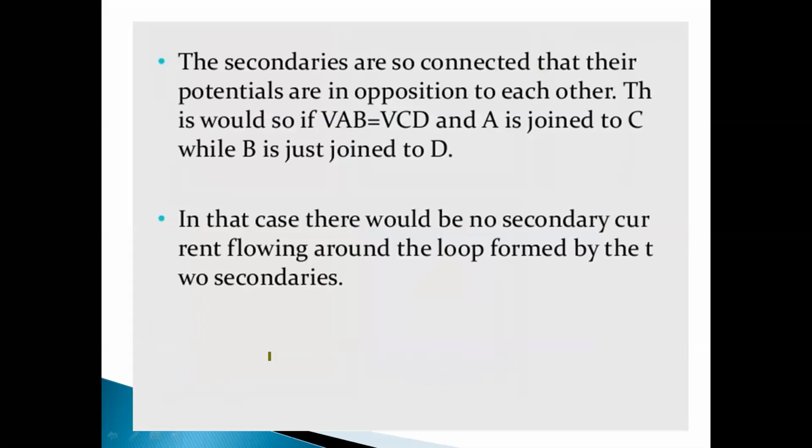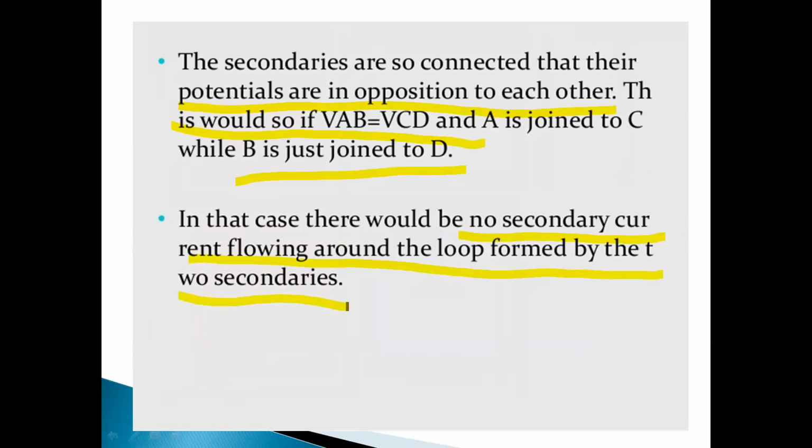The secondaries are connected so that their polarities are in opposition. See, polarities are opposite to each other. A joins C, and B joins D. There would be no secondary current flowing around the loop of the secondaries.